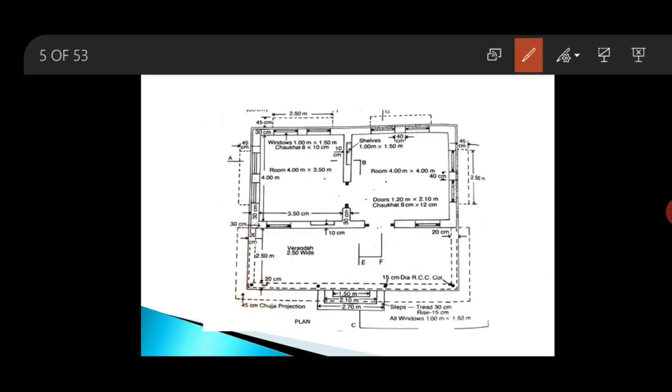Now we will go for calculation of this long wall. Clear? So for calculation of long wall, with the center to center length of long wall, we have to add half of the width of the excavation on both sides.